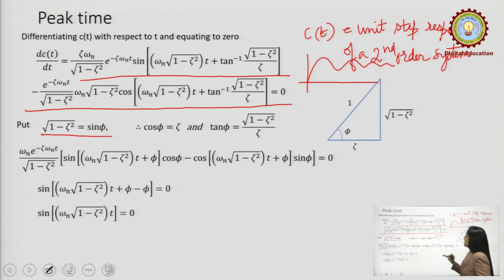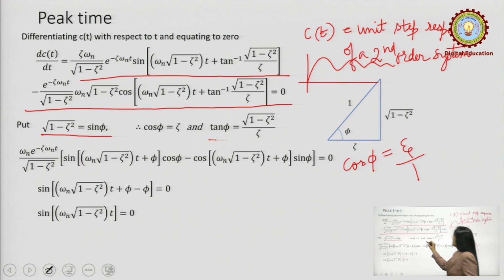This is sin phi, and therefore, cos phi from this is simply zeta upon 1, and correspondingly tan phi. So, we are substituting this as phi, that is cos phi, and then replacing cos phi and sin phi.